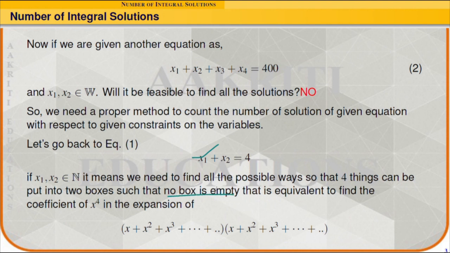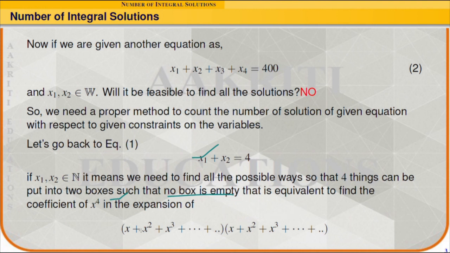No box is empty means they are positive solutions, and that is equivalent to finding the coefficient of x raised to the power 4 in the expansion of (x plus x square plus x cube and so on) multiplied by (x plus x square plus x cube and so on).